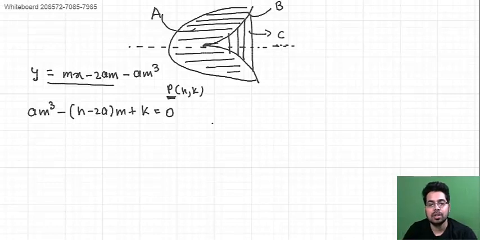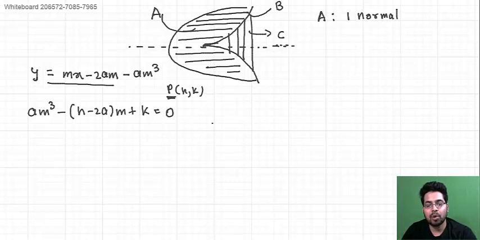So all I am stating is that from any point inside the region A, I can draw only one normal.